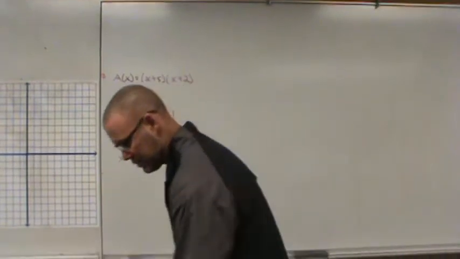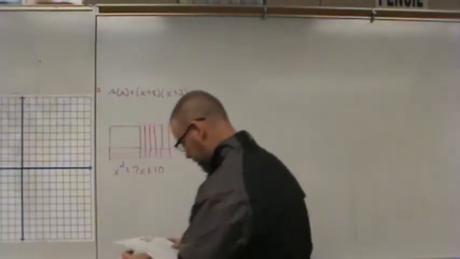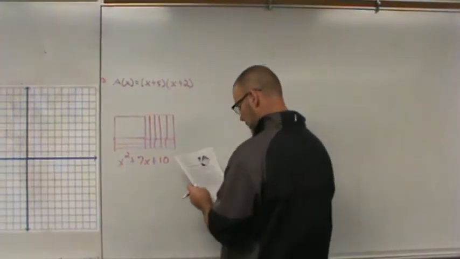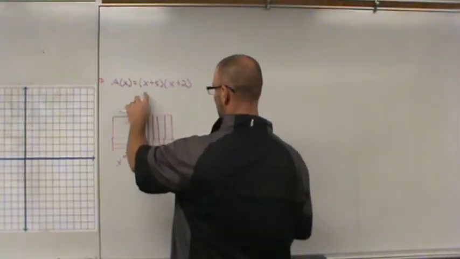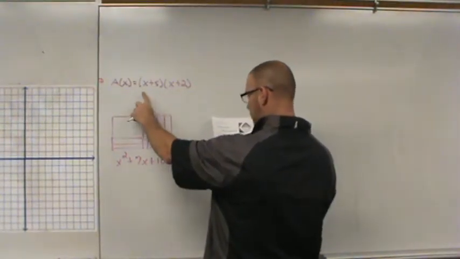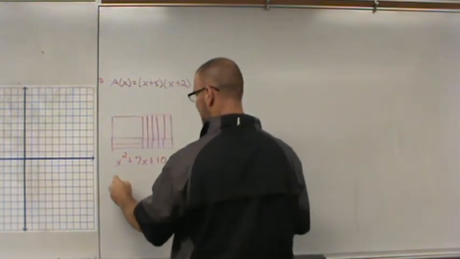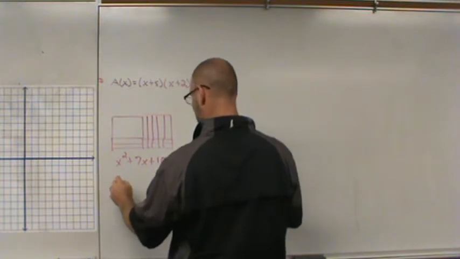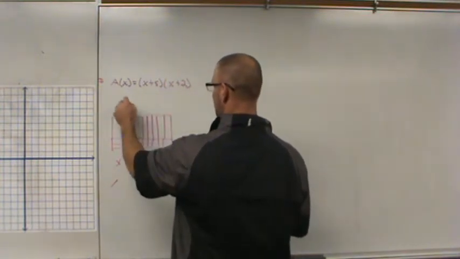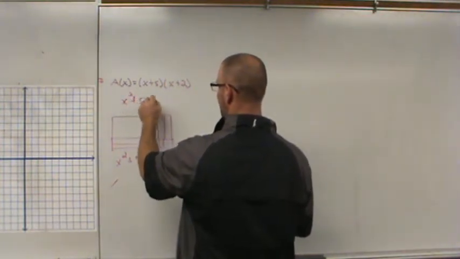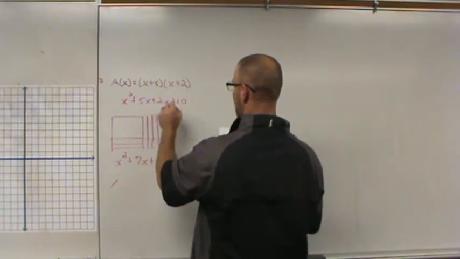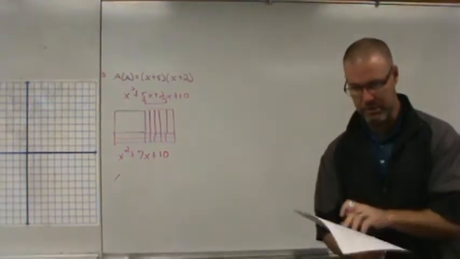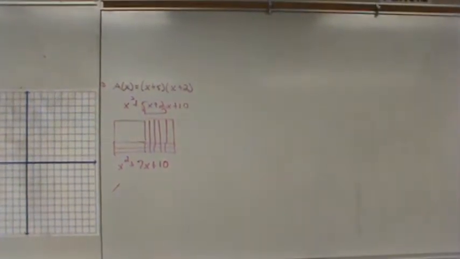Another way to write this is simply writing it out as a product of factors like they have, or I could write it out in an expanded sense, which if we multiply, we get x squared plus 5x plus 2x plus 10. And notice that these are like terms. Okay, so it's having us draw a diagram for that.